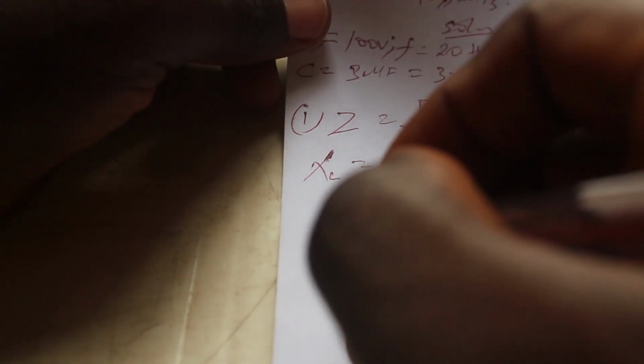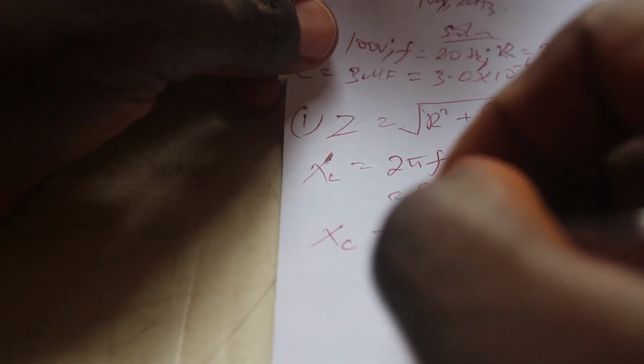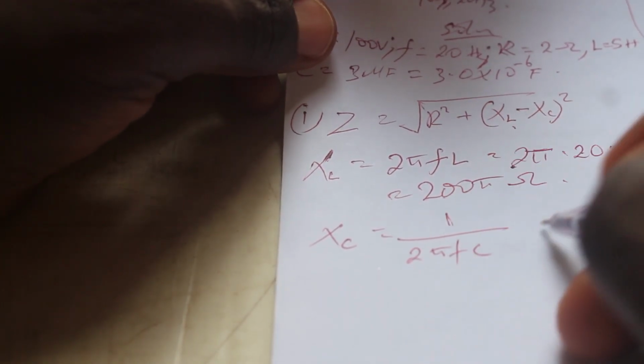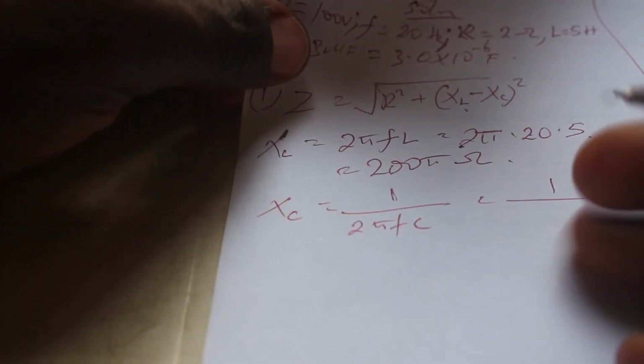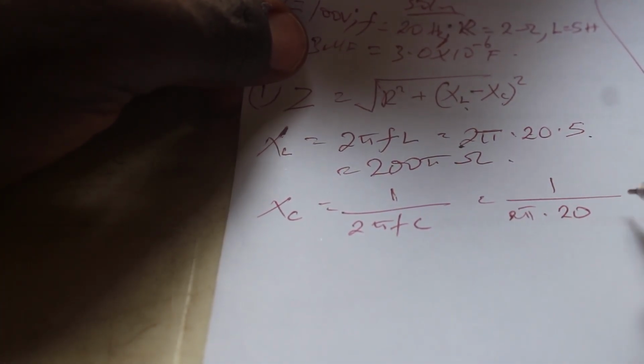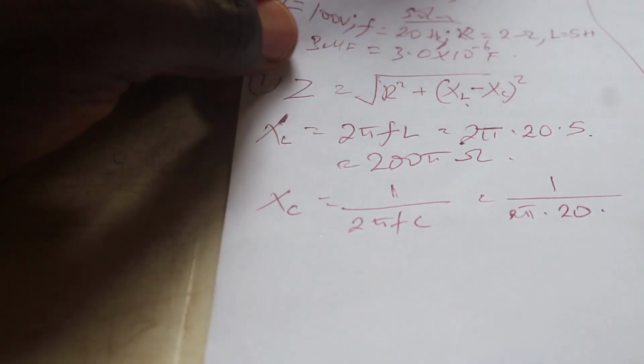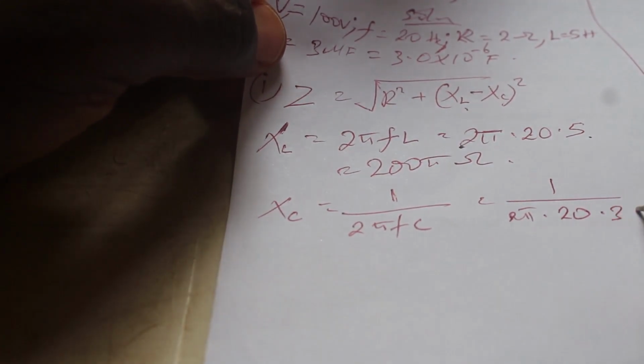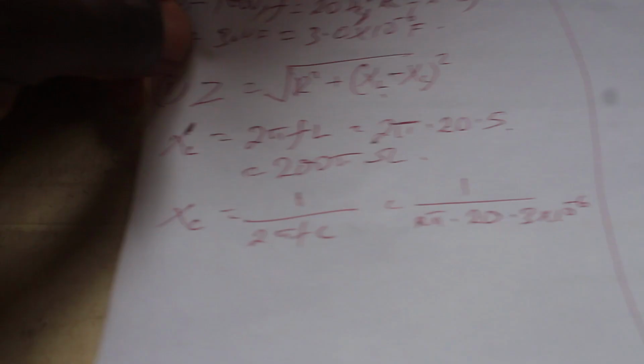And then capacitive reactance is 1 all over 2 pi FC, which is 1 all over 2 pi multiplied by 20 multiplied by 3 times 10 to the power of minus 6.